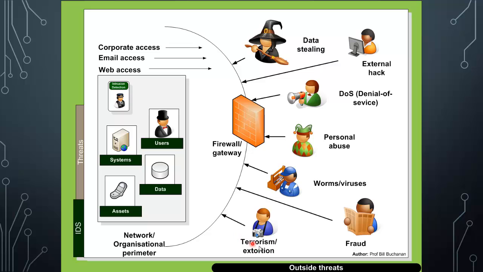So no data can leak out, and intrusions are easier to deal with if we can have a single gateway out of the whole of the corporate infrastructure. Then behind that we can have our users, systems, data and assets. These are the things that we're actually protecting. Along with that we might have our intrusion detection system just in case someone gets over the firewall.